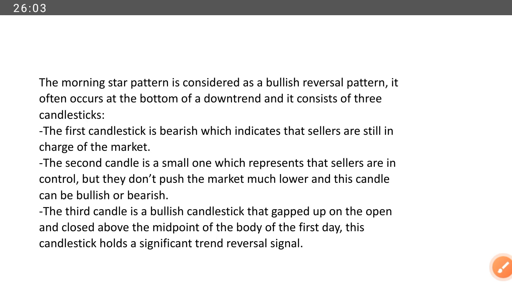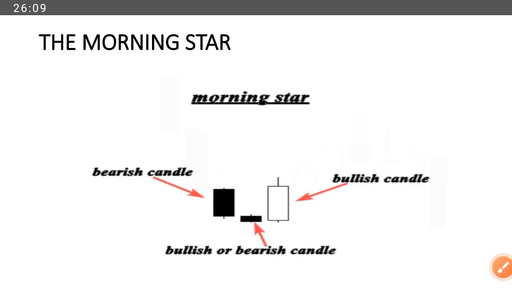This candlestick holds a significant trend reversal signal. Look at it. You can see that the third candlestick is above the first candlestick. It may not be above, but it must go above the midpoint of the first candlestick to qualify as a morning star pattern.